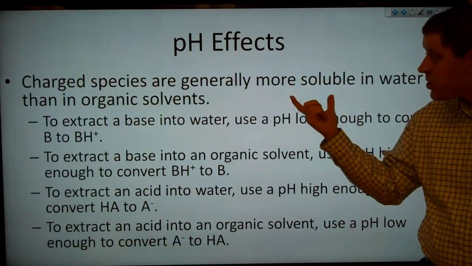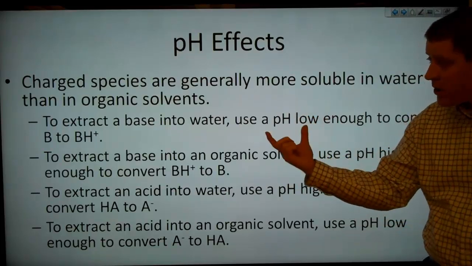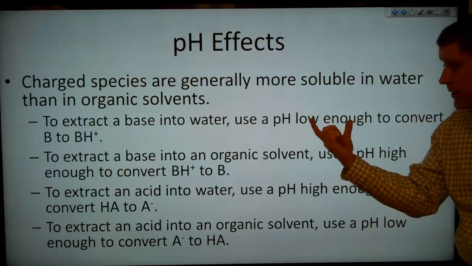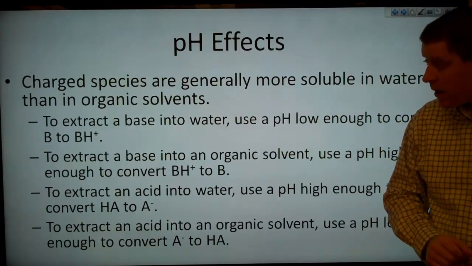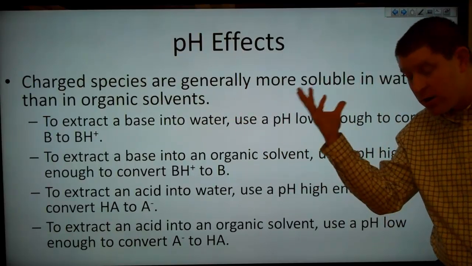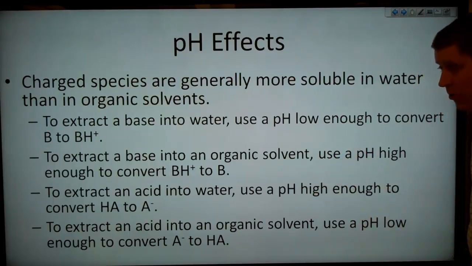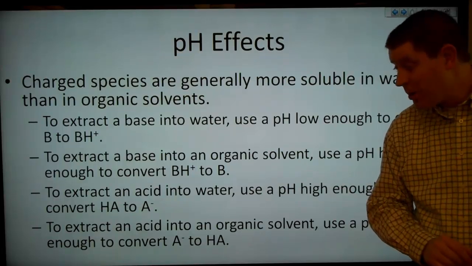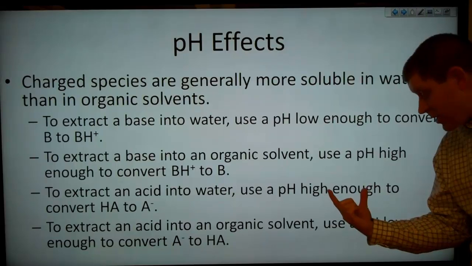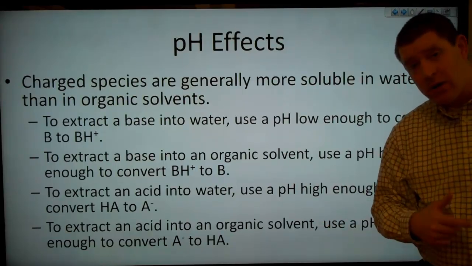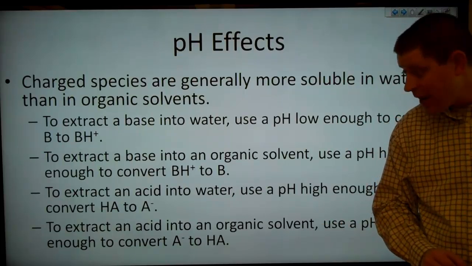Now, charged species are generally more soluble in water than in organic solvents, and so to extract a base into water, we need to use a pH low enough to convert our B into BH+. To extract a base out of water into an organic solvent, we need to use a pH that's high enough to convert our BH+ into our neutral species B. To extract an acid into water, we need to use a pH high enough to convert our uncharged acid into a charged conjugate base, A-.